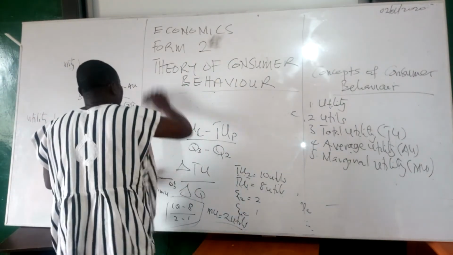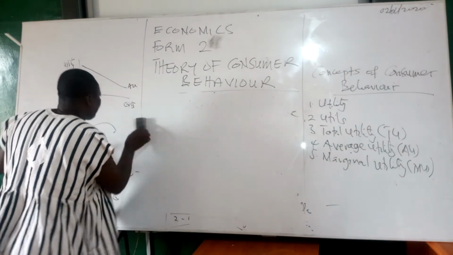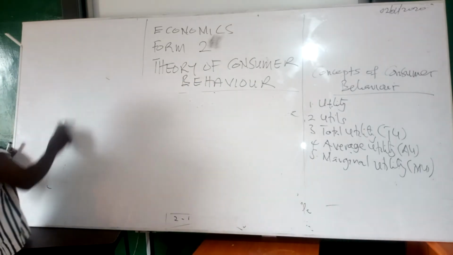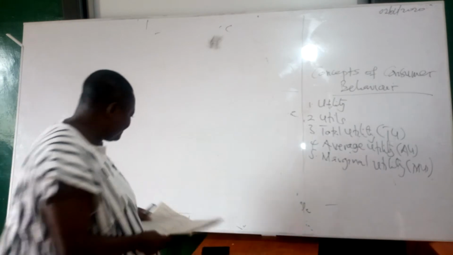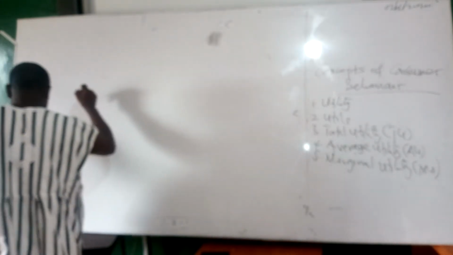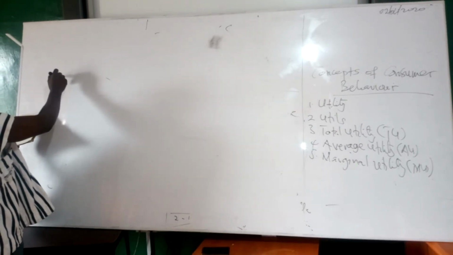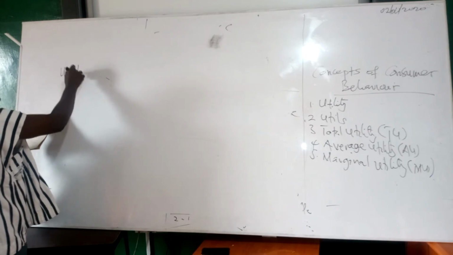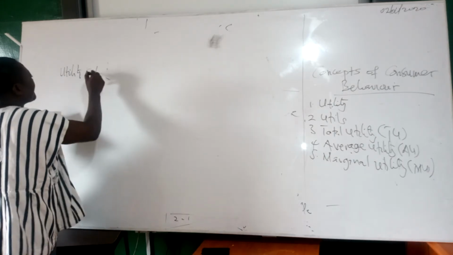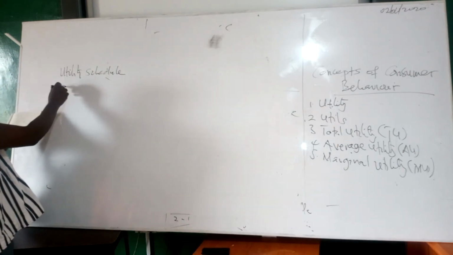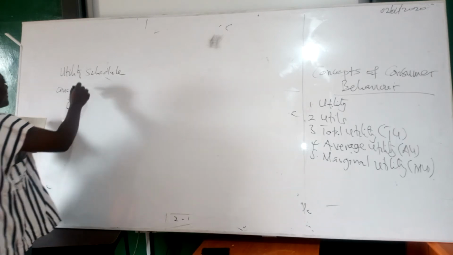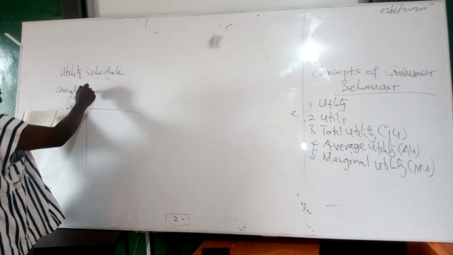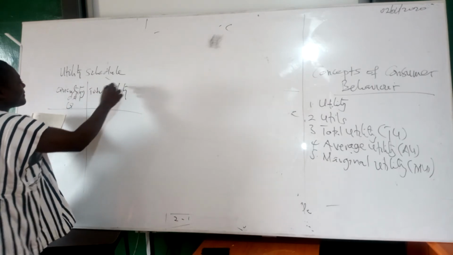Now illustration. Utility schedule. Quantity demanded, Q. Total utility, TU.